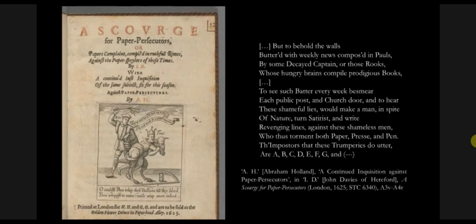The impostors that these trumperies do utter are A, B, C, D, E, F, G, and... The reader is left to complete the line, but the conclusion is obvious.